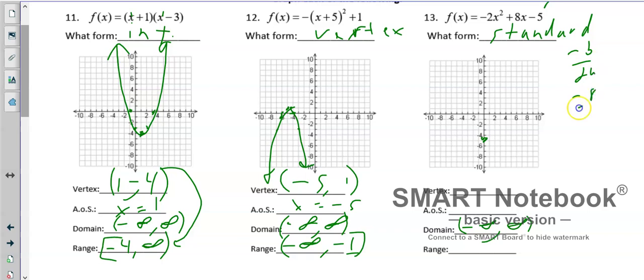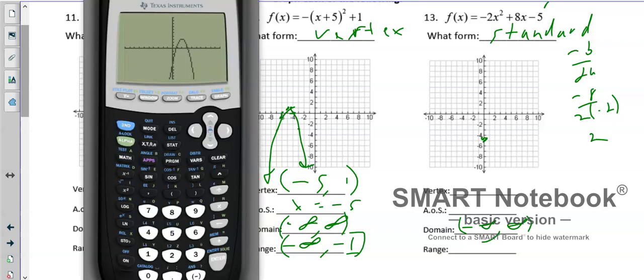So opposite of b over 2a. So -8 divided by -4 is 2. So we know it's going to be a 2 comma something. Now we can plug the 2 in or just let the calculator do the lifting for us. So the vertex is at 2, 3.